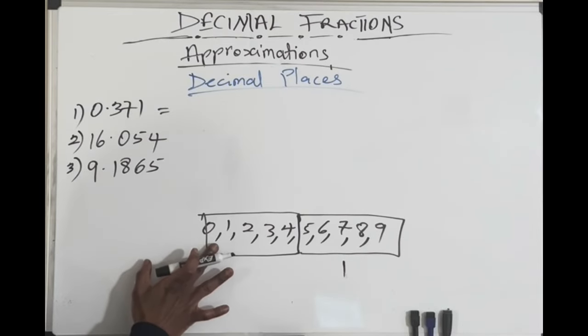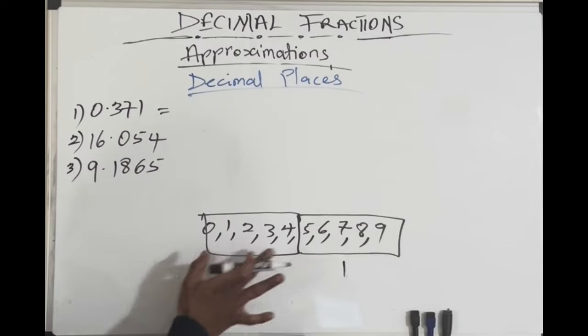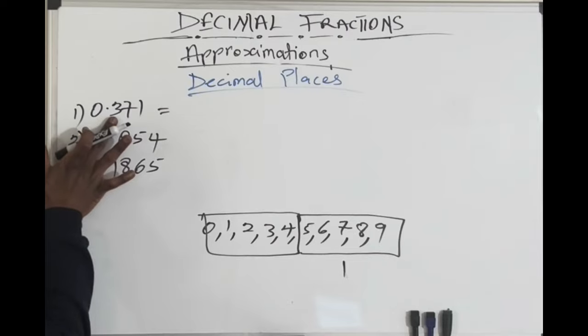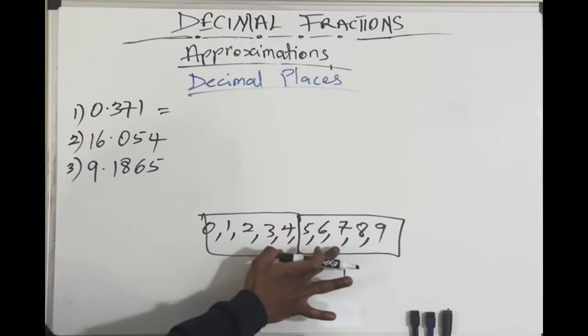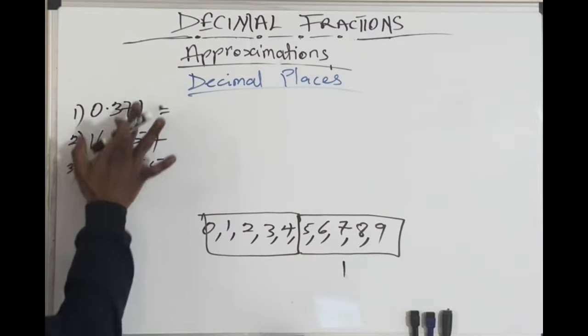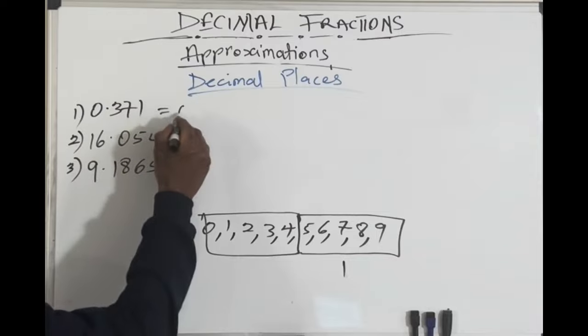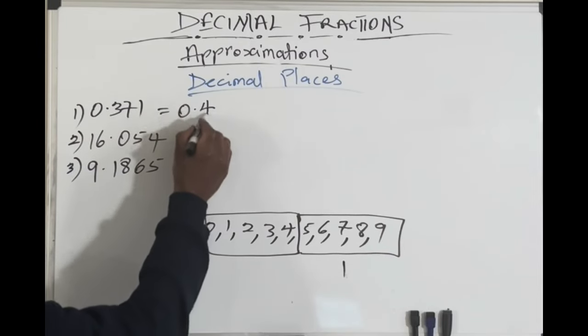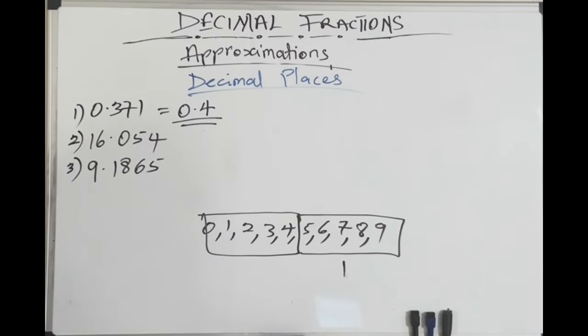But when it falls in between 0 to 4, just ignore it. So 0.371, 1 decimal place is 3. The next number is 7. It falls within that range, so we change it to 1, and that 1 will be added to the 3. So 4. This will be our final answer, 0.4.